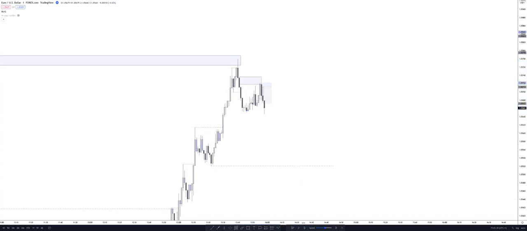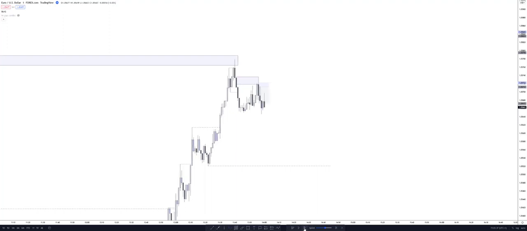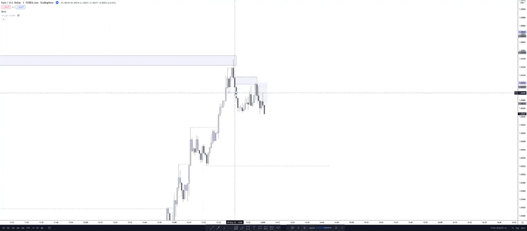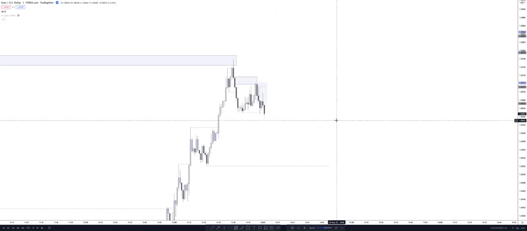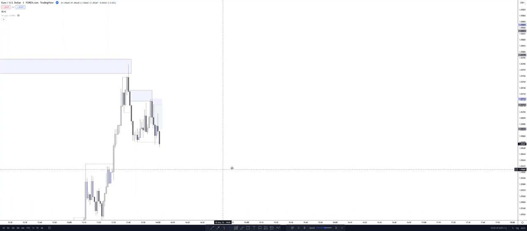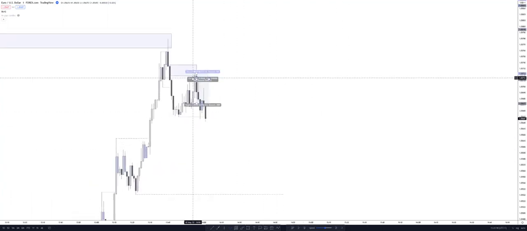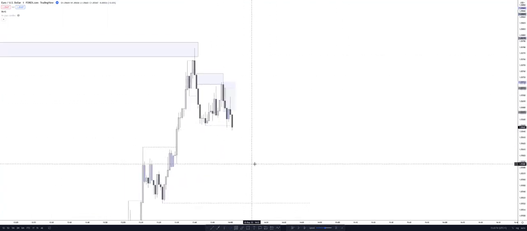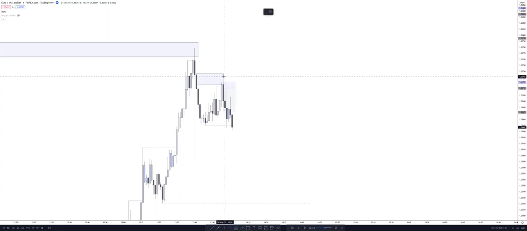Okay, so waiting for a close below this low right here, which we just got, and that means we can look at this leg of price for an entry.